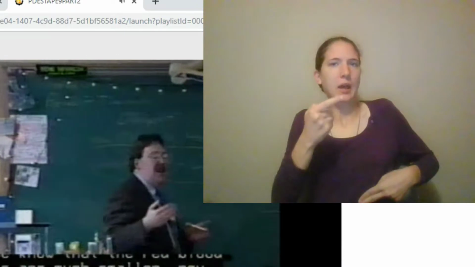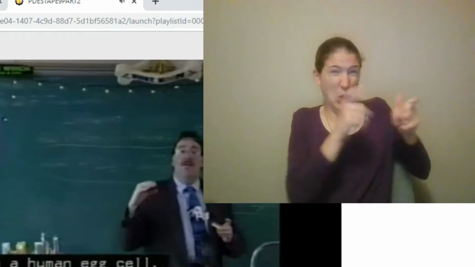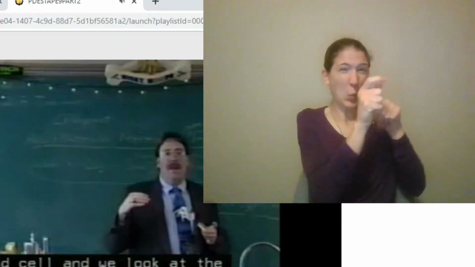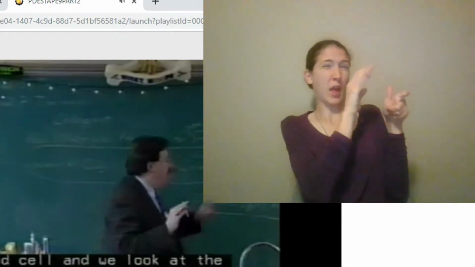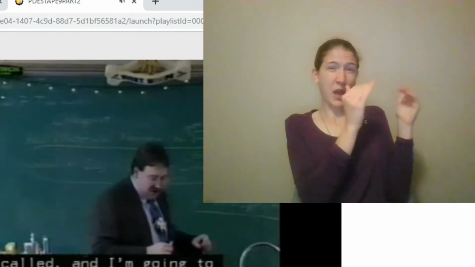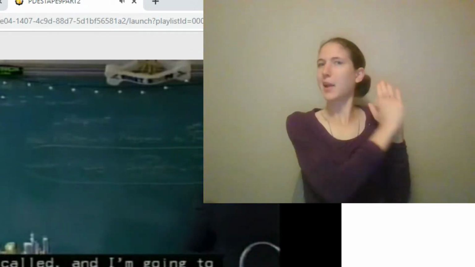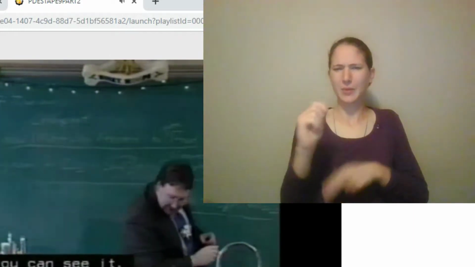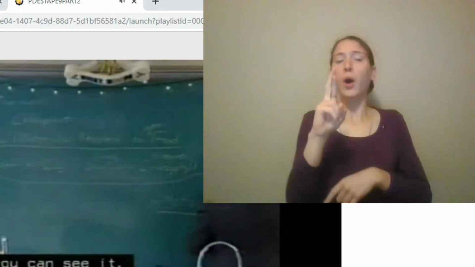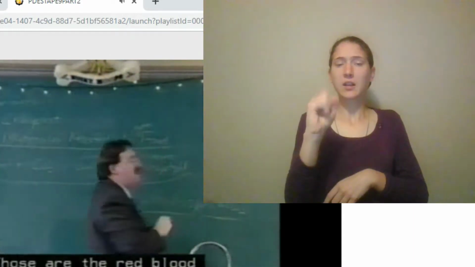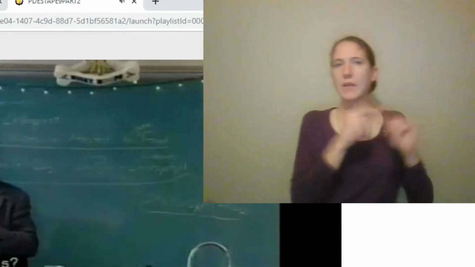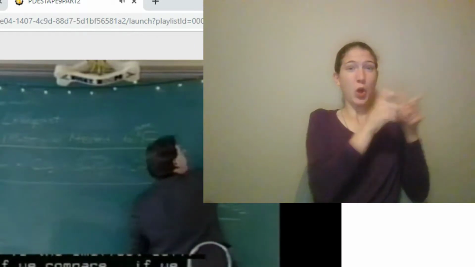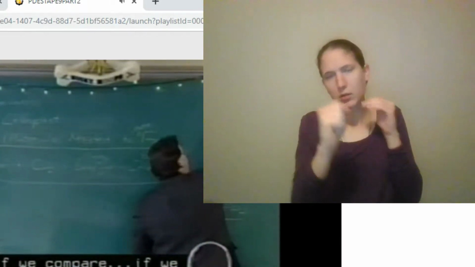Well, then if we take one red blood cell and we look at the smallest cells that we know about, those cells are called, and I'm going to write it up on the board again so you can see it. I want to make sure it's spelled correctly. No, this is the smallest cell. If we compare these, these are the smallest cells.